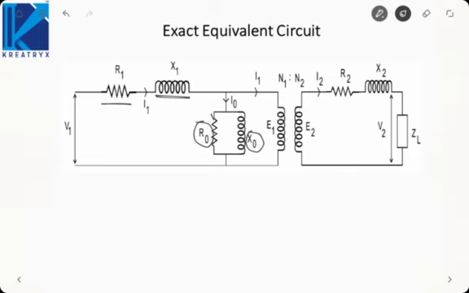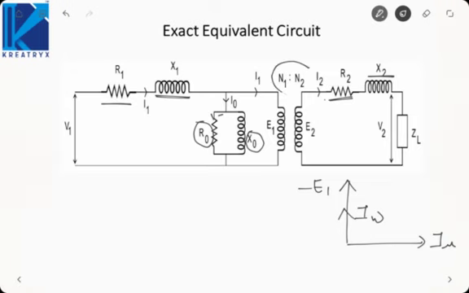So this IW, the current going into the core loss resistance, will be in same phase as E1, and I mu, the current going into the magnetizing reactance, will be 90 degree lagging minus E1. We saw in the phasor also, minus E1 was like this, I mu was like this, and IW was in the same phase.